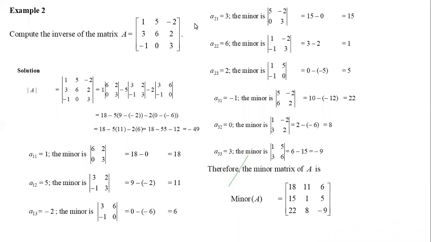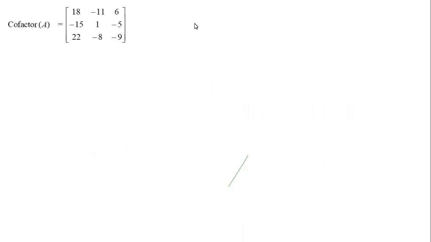And the cofactor of this minor will be 18, minus 5, 6, minus 15, 1, minus 5, 22, minus 8, minus 9. And that is the cofactor.